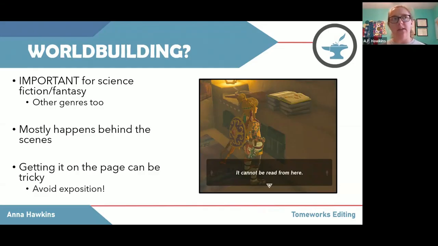If you're doing that, you can lose the reader's interest, so you want to avoid that. So we're going to talk about how to get the important world building details that your reader needs to understand your story on the page without long exposition breaks.